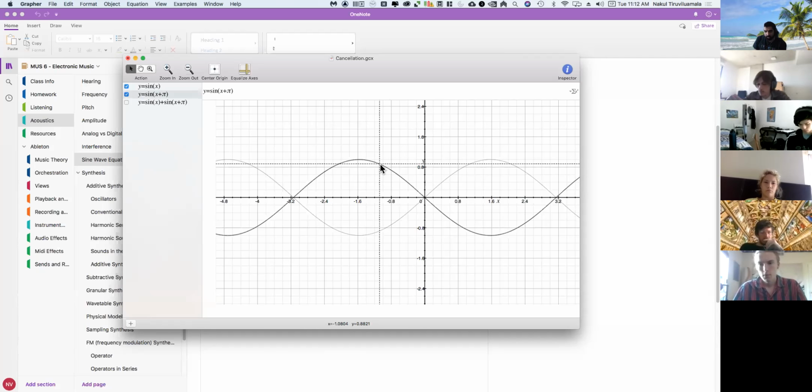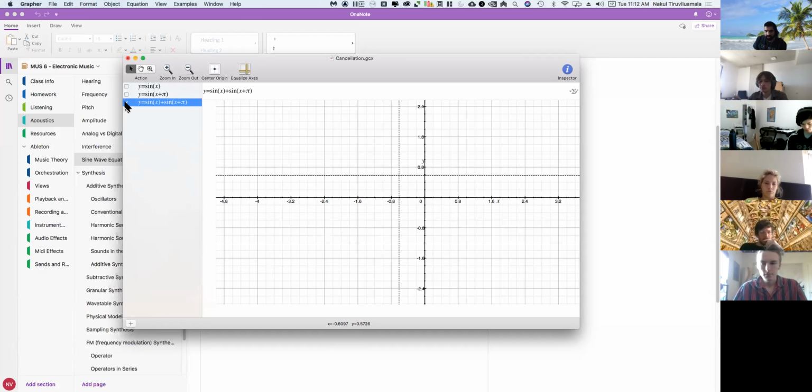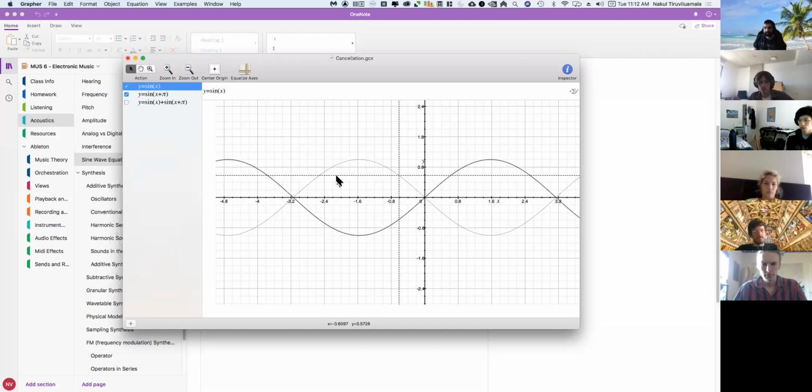Whereas if I add this point to this point, it also cancels out, right? So in other words, if I take these two waves and add them together, you actually get nothing. They completely cancel each other out, because when you add waves together, you just add up point by point the contributions of each wave, and then you get the resultant wave. In this case, the waves perfectly cancel each other out.